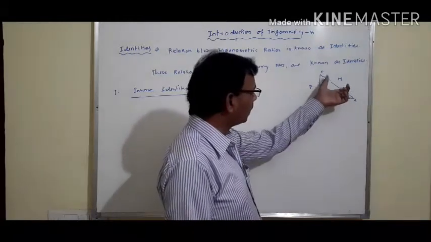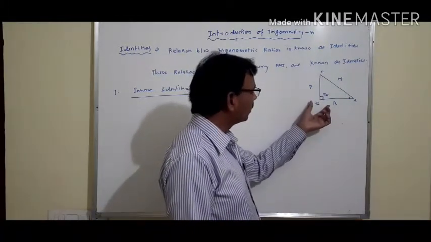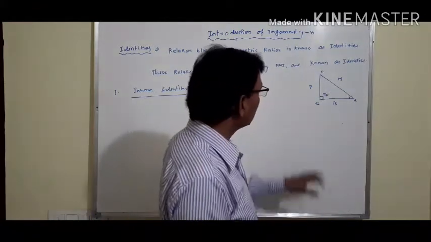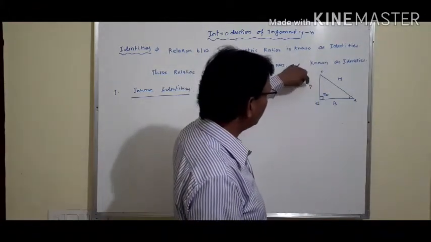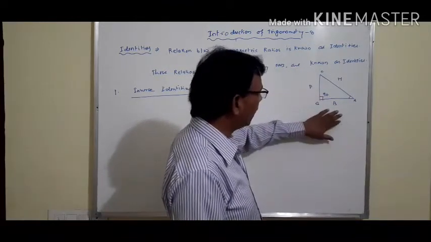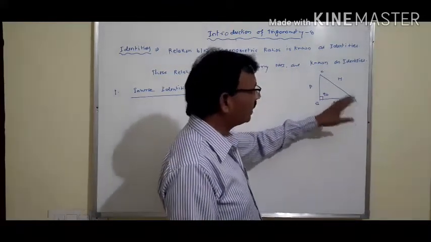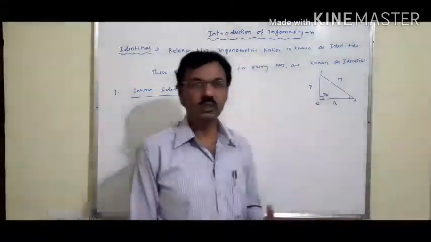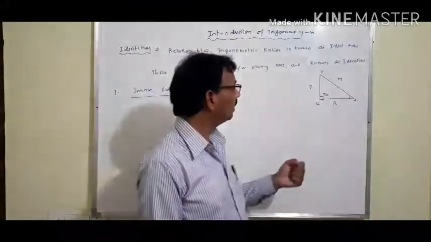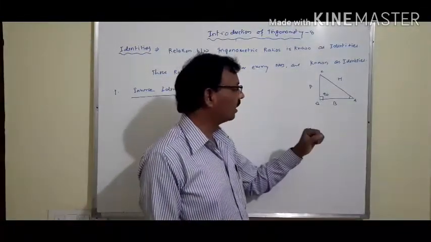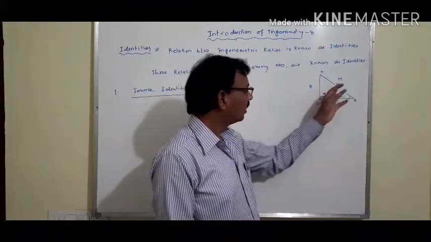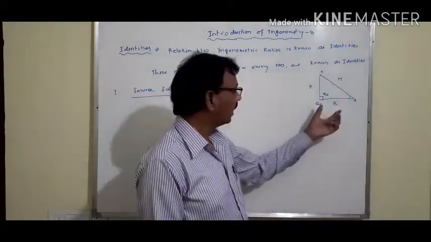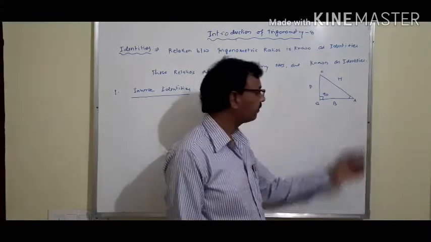The hypotenuse is always the side opposite the right angle. So the position of base and perpendicular depends upon which angle we observe. The side opposite the angle we observe will be perpendicular, the side opposite the right angle is hypotenuse, and the remaining side will be base.